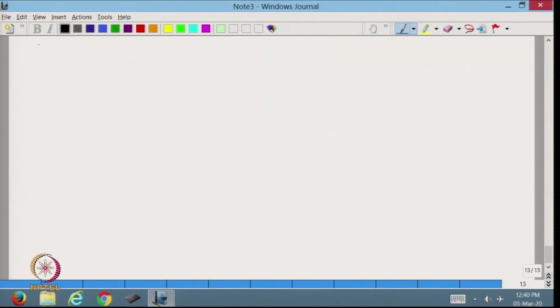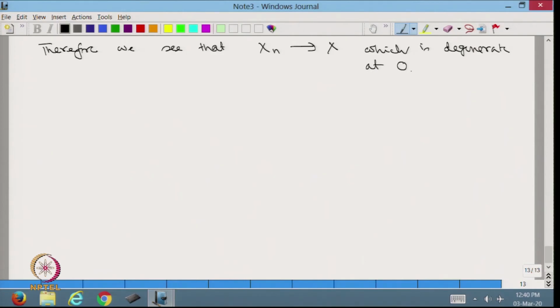Therefore, we see that Xn converges to a variable X which is degenerate at 0.